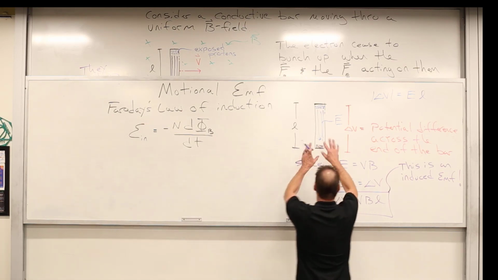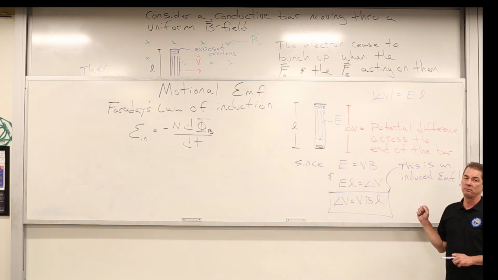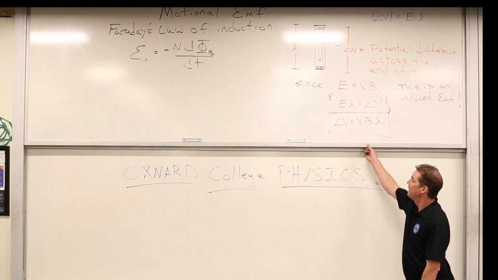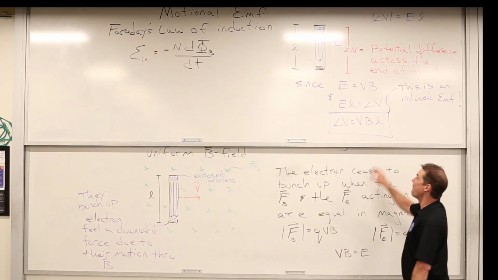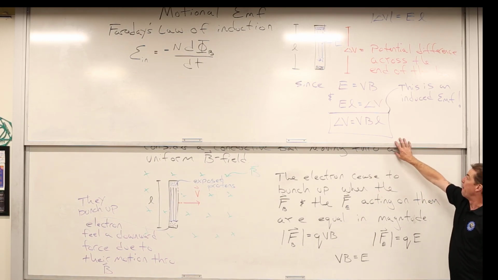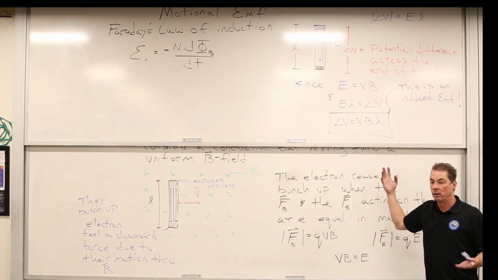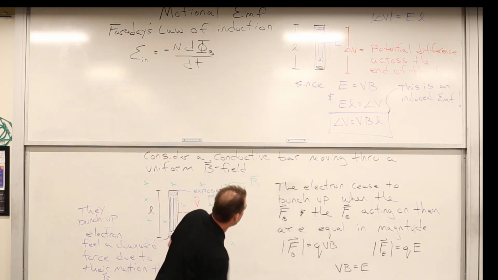But I have to be able to do that while keeping this bar moving through the magnetic field. So let us try to come up with some way of doing that. And note that we didn't even look at Faraday's law of induction by deducing this. We just used things that we already knew about electric fields, magnetic fields, and the forces of interaction.